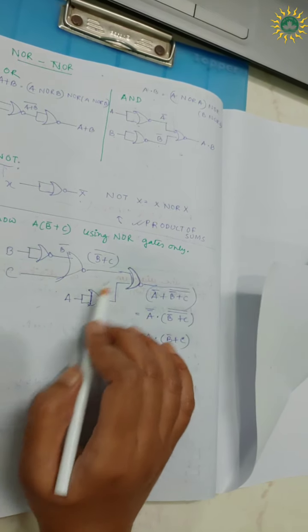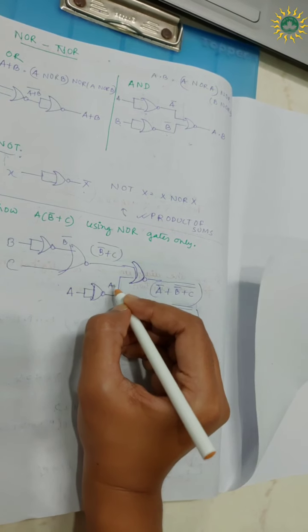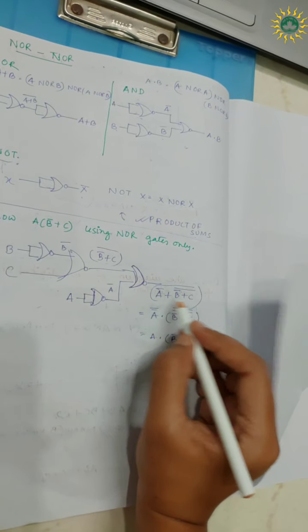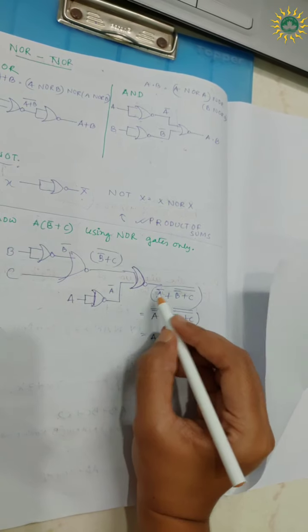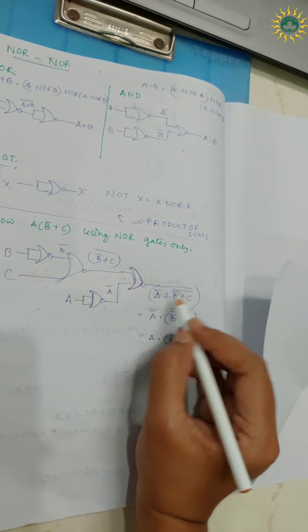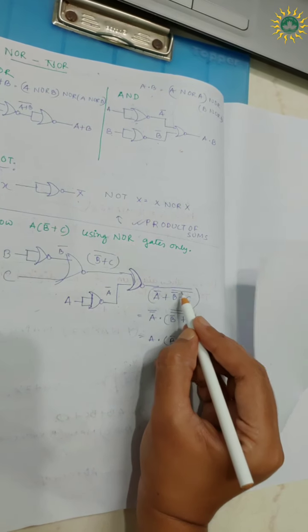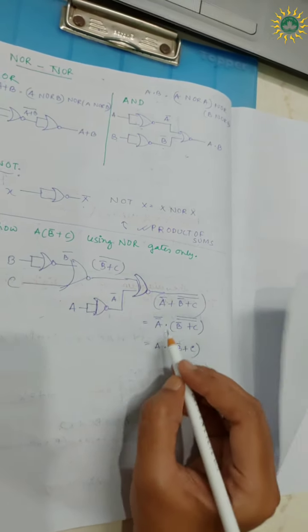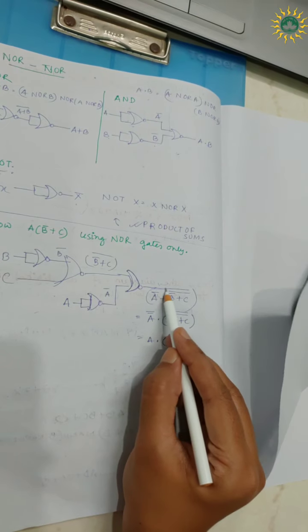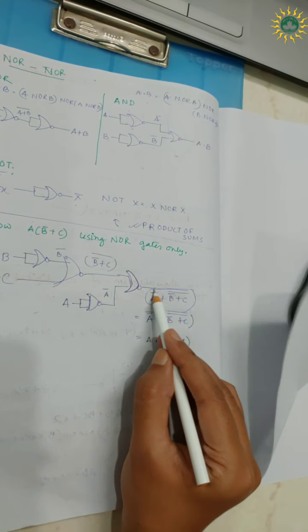Then we are passing that and A bar through another NOT gate. Why? Because we are getting A bar plus B bar plus C whole bar, and this bar comes for this NOR, and this bar was for this one. Now we are first touching this bar, so we are breaking this bar.